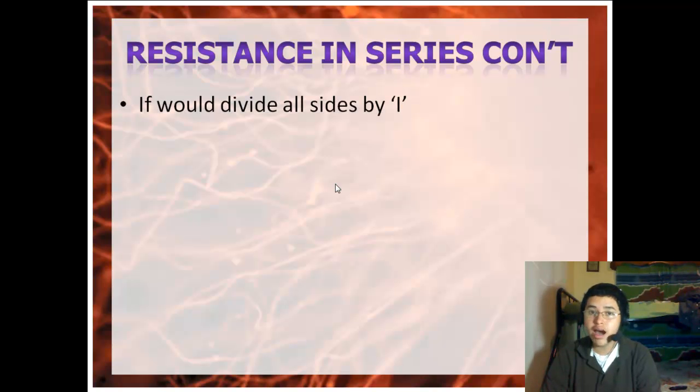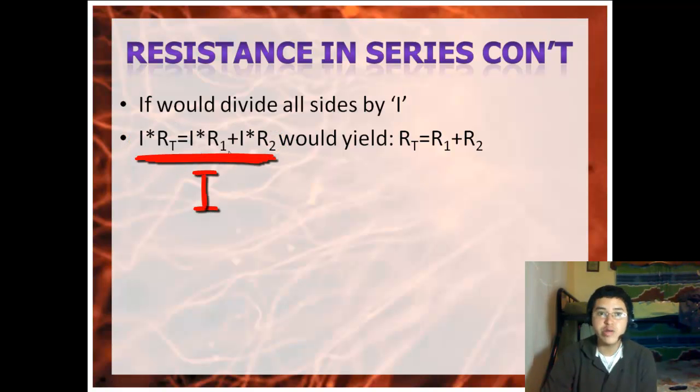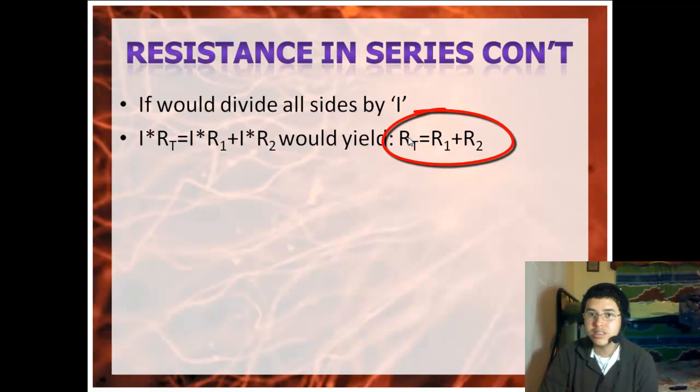And if we divide all sides by I, our function here, I times the total resistance equals I times the first resistance plus I times the second resistance. If we divide that by I, we get that R, which is the total resistance, equals R1, which is the first resistance, plus R2, which is the second resistance.